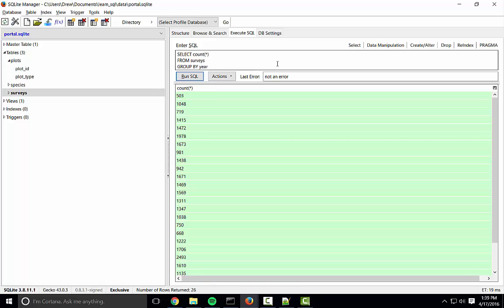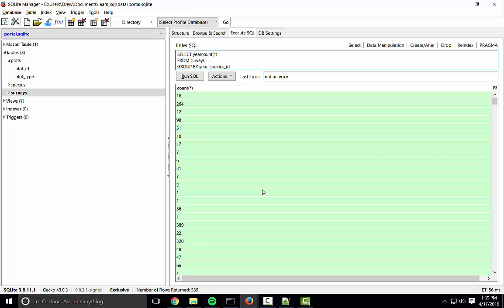So now the second part of that is to further break that down by species. So I'm going to add a comma species ID. And now I get my counts broken down by year and species ID, but I'm only getting the count.